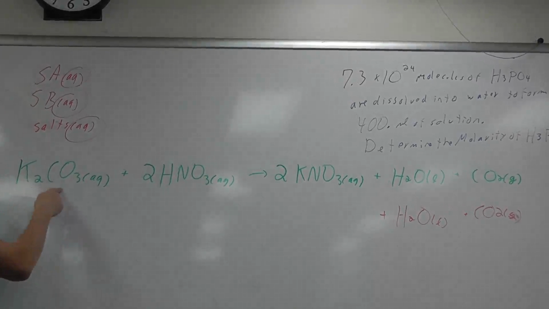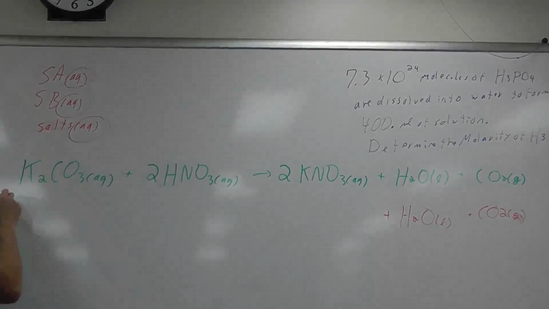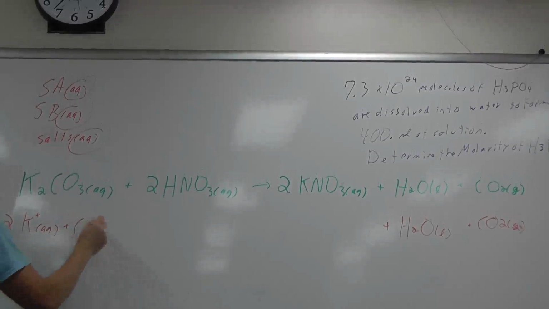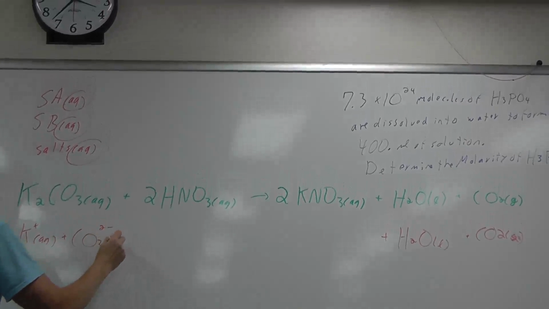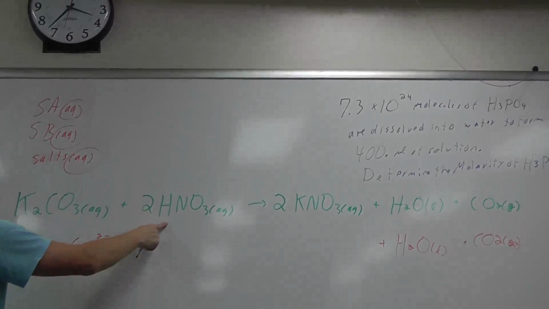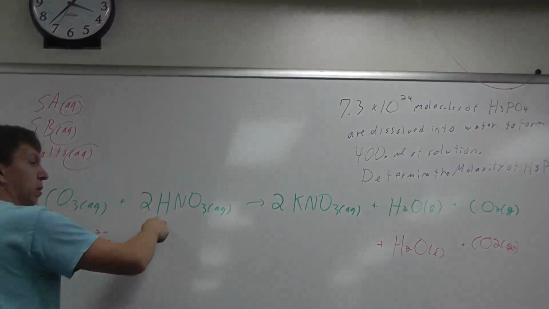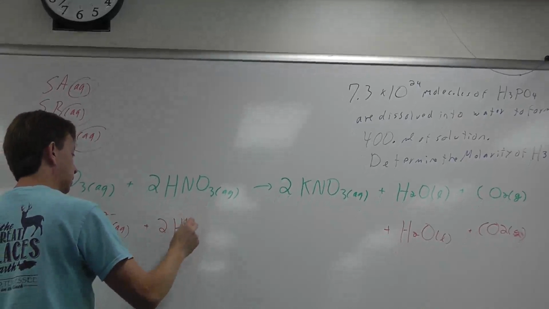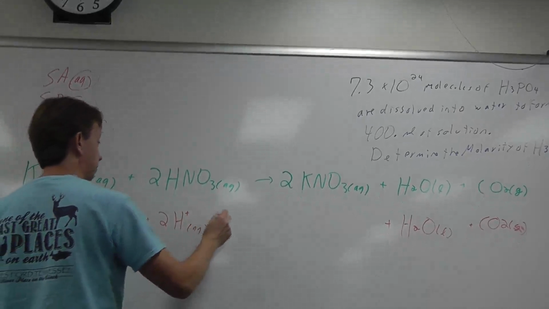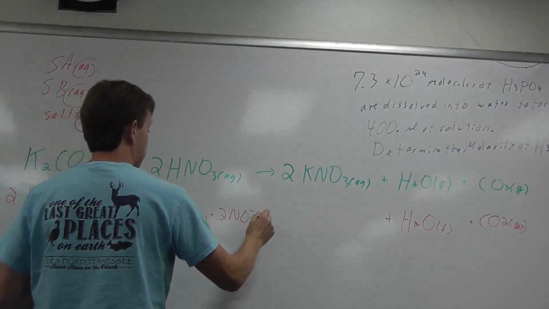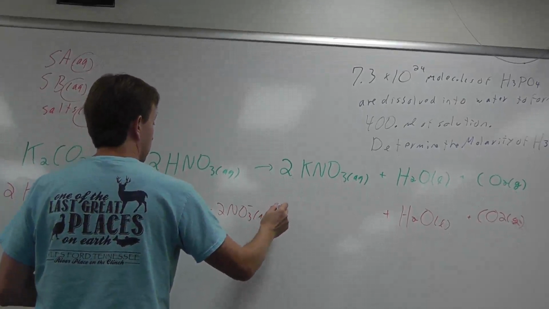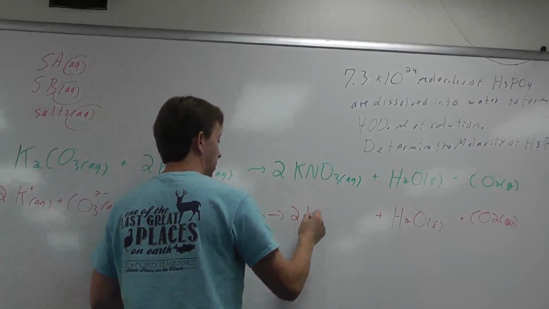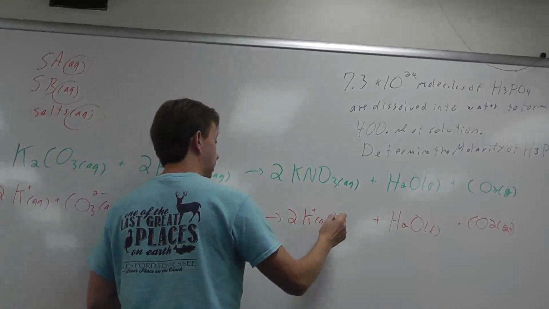Metal, non-metal, this is a salt, so that's actually existing in dissociated form. This is an acid. Is it strong or weak? Strong. So that's going to be in ionized form. Metal, non-metal, this is another salt. It's going to be in dissociated form.